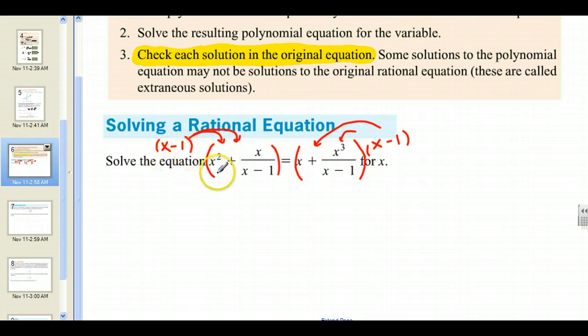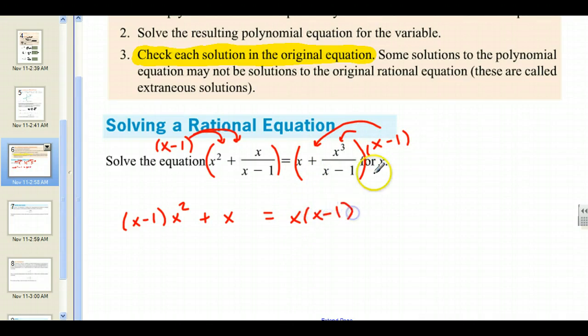Alright, so x minus 1 times x squared. And then here, x minus 1 times, this has an x minus 1 on the bottom, so they'll cancel with each other. And it just leaves me with the x up top. And over here, same thing, x minus 1 times that x. And then this x minus 1 and this x minus 1 will cancel, and we're left with plus x cubed.